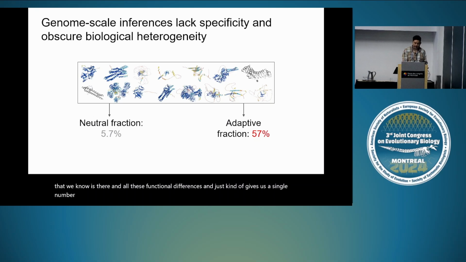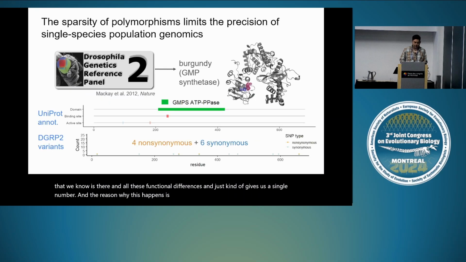And the reason why this happens is because polymorphisms are very, very sparsely distributed throughout the genome. So that protein that I showed earlier, again, it's not important what the protein is specifically, but it's an enzyme in the purine biosynthesis pathway. I just pulled some annotations here from the UniProt database, and I'm plotting the SNPs from the DGRP2 Drosophila melanogaster data set in the space of this UniProt protein.